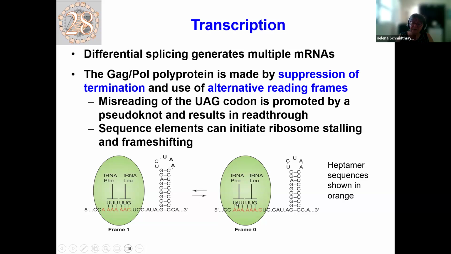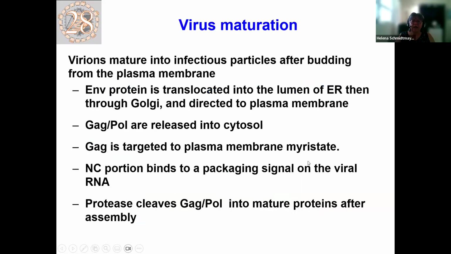However, when reading frame 2 is shifted to, this actually changes the stop codon, and now the reading through can happen. So ribosomes can actually read through. So polyproteins can be synthesized from these mRNAs because of the alternative reading frames.